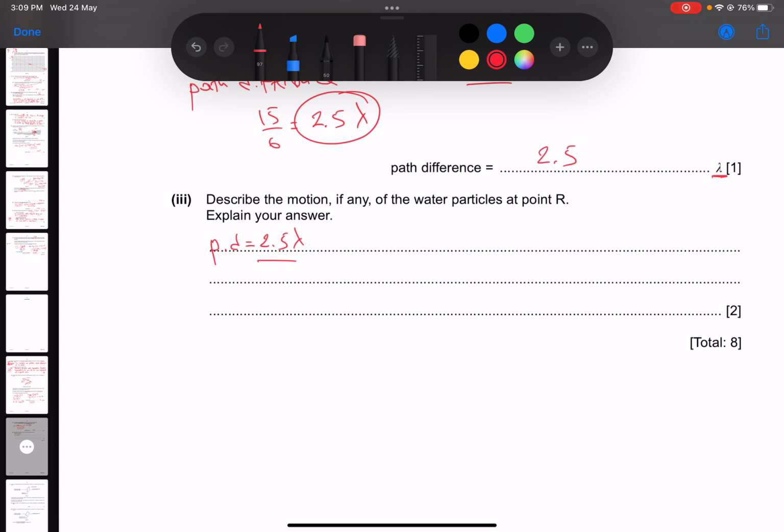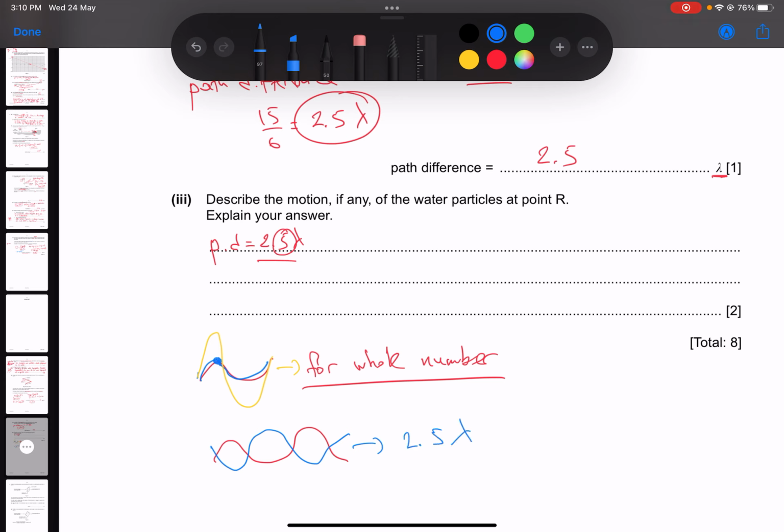Actually, guys, this is really happening with 2.5 lambda: half of the other wave is overlapping, so that's why we have a half. So it's the destructive type, right? With constructive, you simply sum them up, overlapping in phase, so twice of it. But here it's going to be destructive.